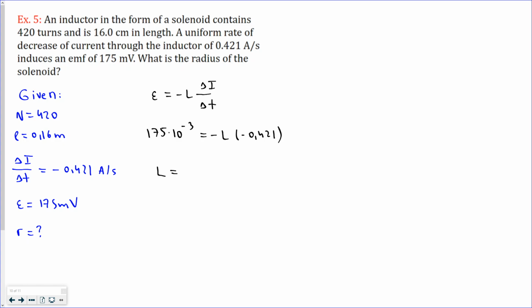Now here L is equal to 0.175, because it is 175 over 1000, over 0.421, and the minuses can be cancelled out, so I'm not writing the minus here. If we calculate this, we get L is approximately 0.373 Henry.